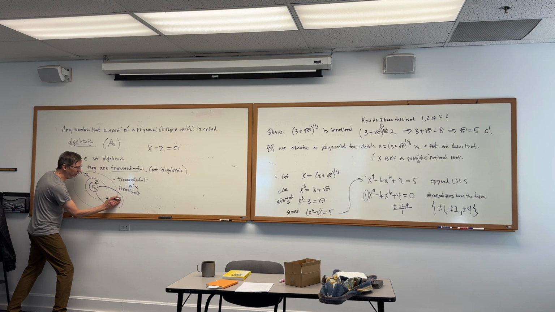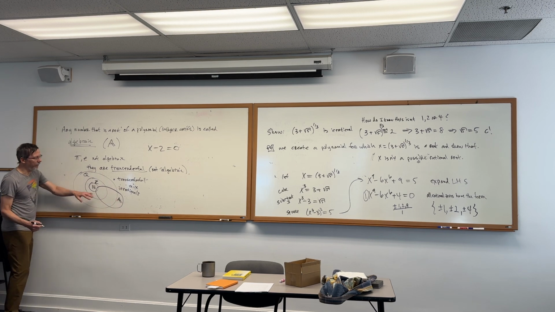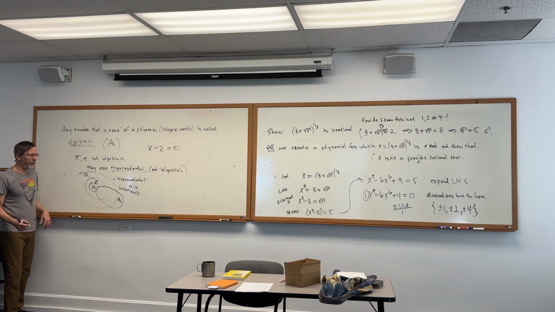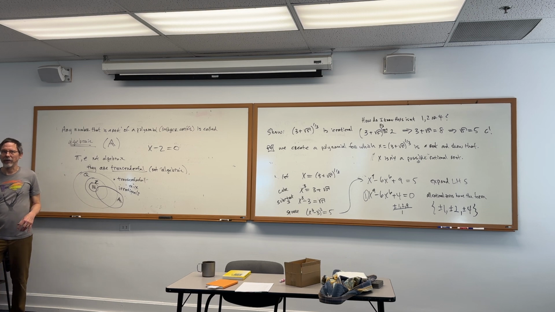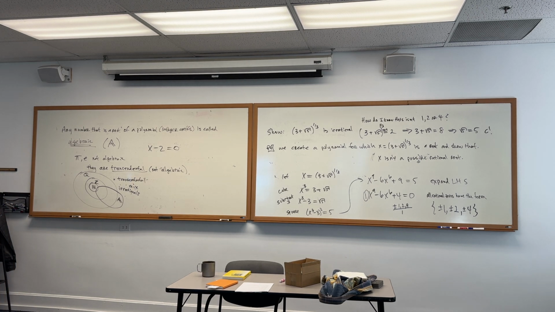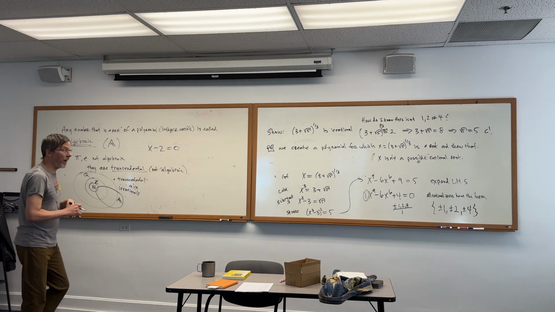Whatever that spillover is out here into that region of irrationals, the algebraic numbers kind of make a little subset out there. They're closed off from everything else. Never made that picture before. That might be total bullshit.